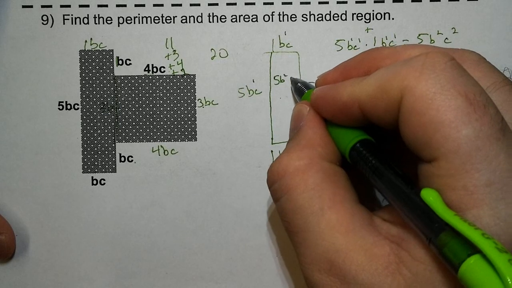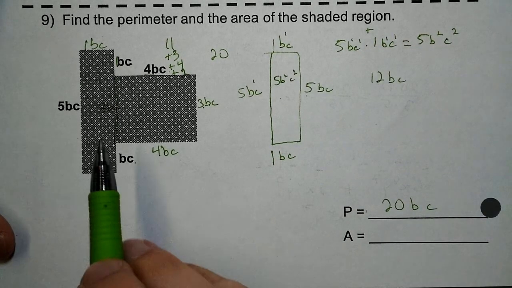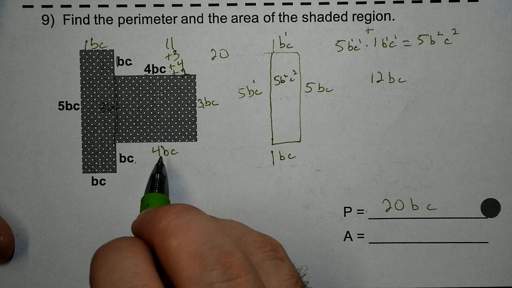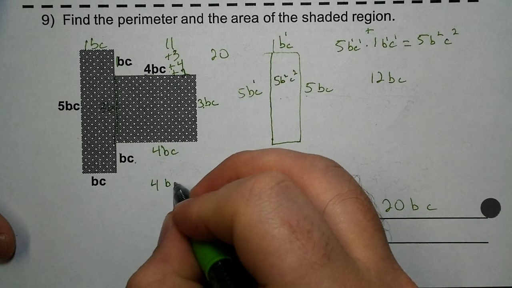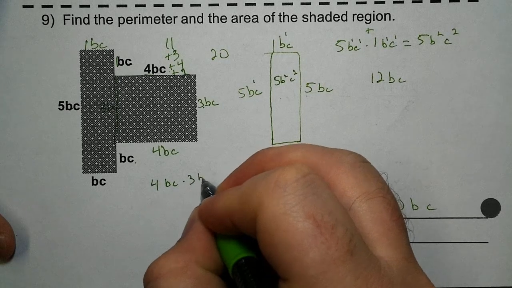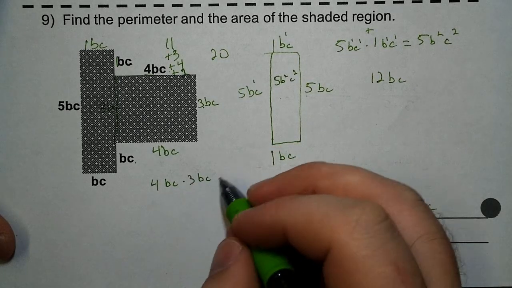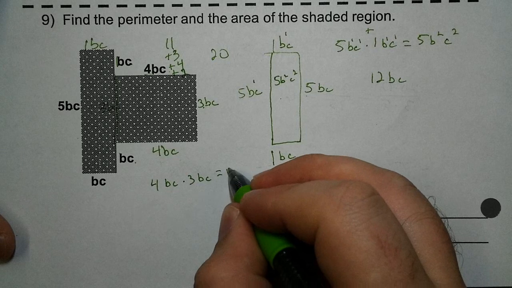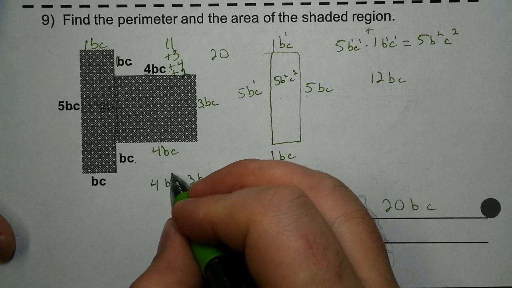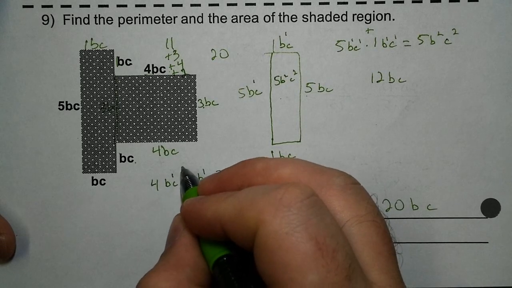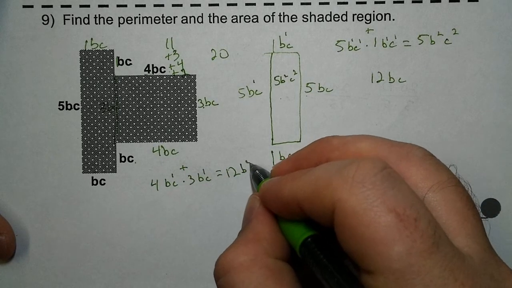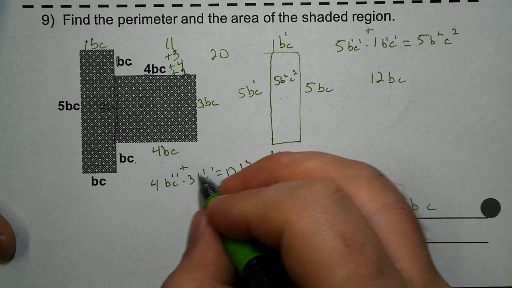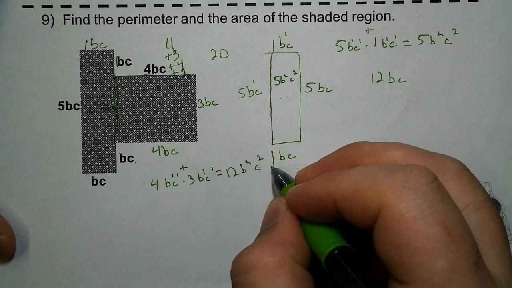B squared, C squared. Now we need to get the area of the other rectangle. I've got 4 B C times 3 B C. 4 times 3 is 12. Now let's add the letters. 1 plus 1, right? Because product rule, we add the exponents. That's B to the second. 1 plus 1, that is C to the second.